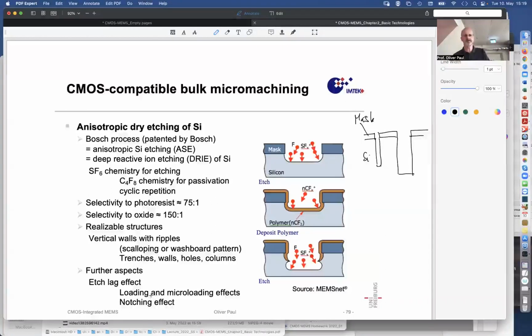Loading effect. And if you imagine now that the wafer ends here and it has another protection of silicon oxide, and you continue to etch down step by step until you reach here.